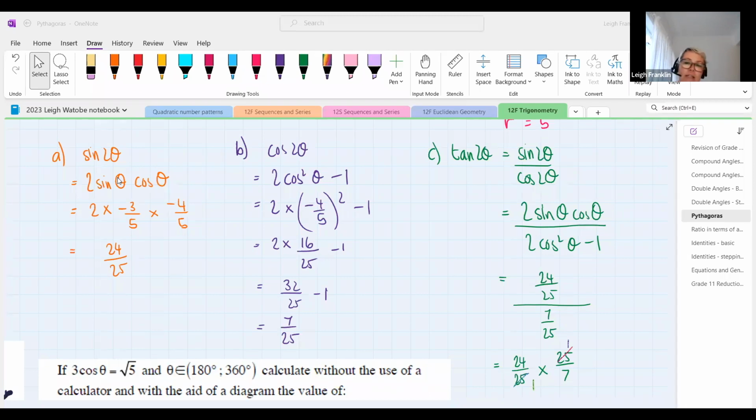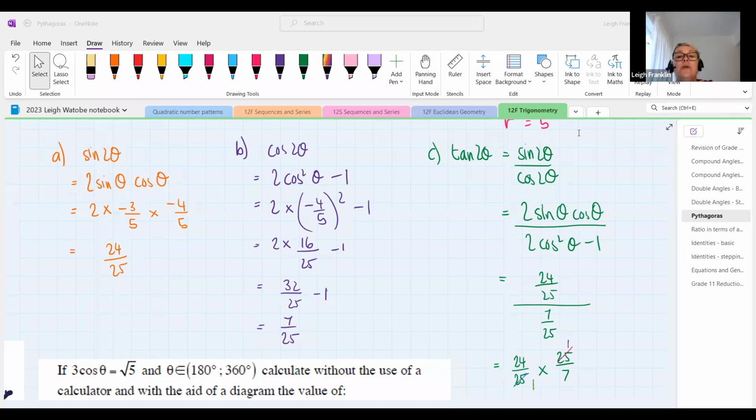I'm not calculating the size of theta, so I'm not going to write the word sine down. I'm not using the ratio to calculate the size of the angle. Sine theta is -3 over 5. Okay, thank you very much. It's a very, very common mistake. A lot of people do it. Thank you, ma'am. No problem.